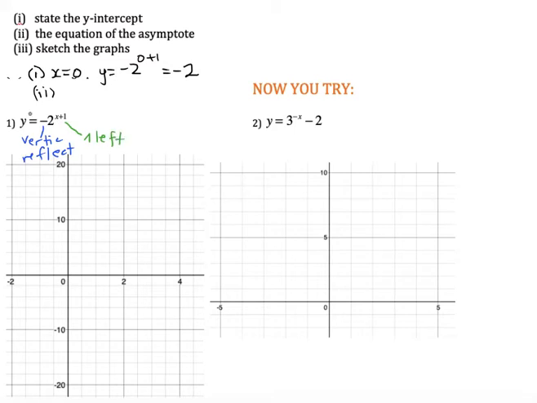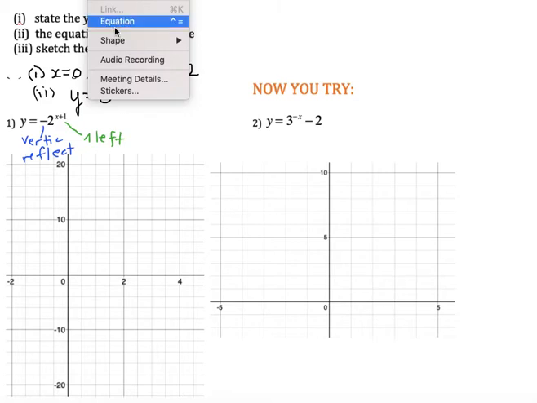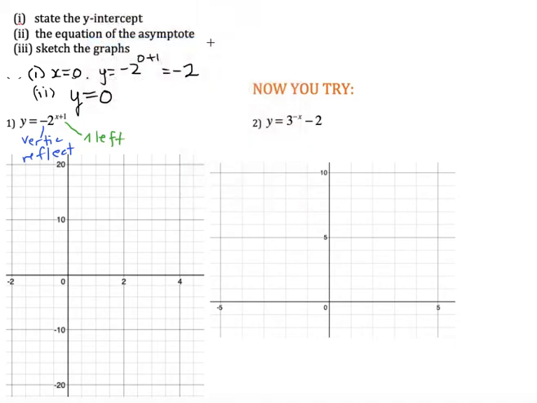We haven't gone up or down, which means that the asymptote stays where it is. So this function will still tend to y equals 0, which is the asymptote. So let's start there and graph that asymptotic line.